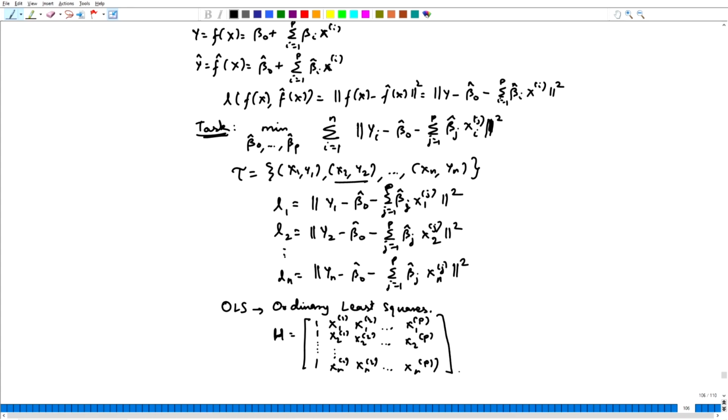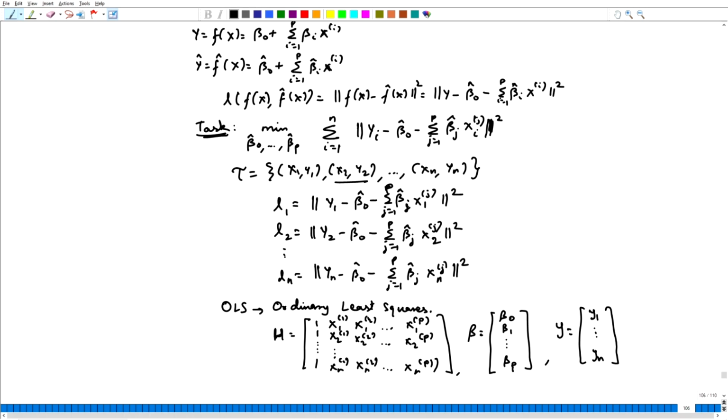Beta is beta naught, beta 1 dot dot dot beta p, and y is y1, y2 dot dot dot yn.